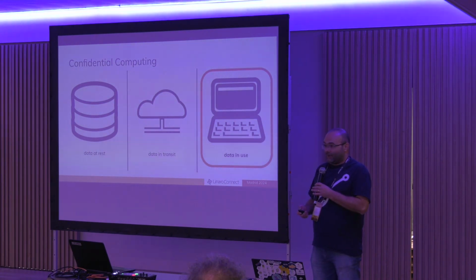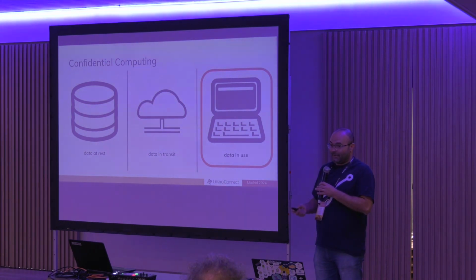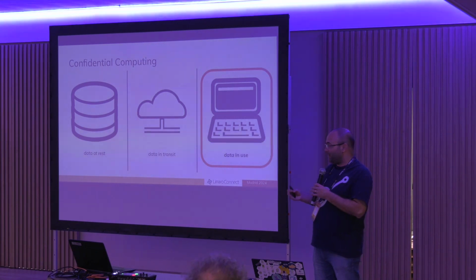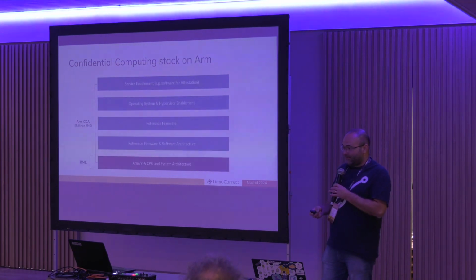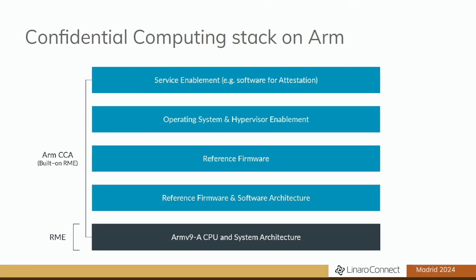So that's exactly what is happening in the market right now in the industry. All the main architectures that are available out there are implementing support for some kind of confidential computing, and that's exactly what we're doing on the ARM ecosystem with the Confidential Compute Architecture, CCA.